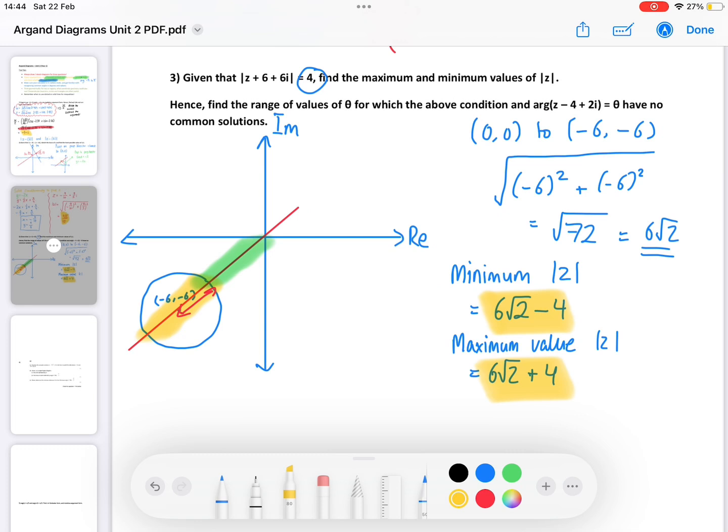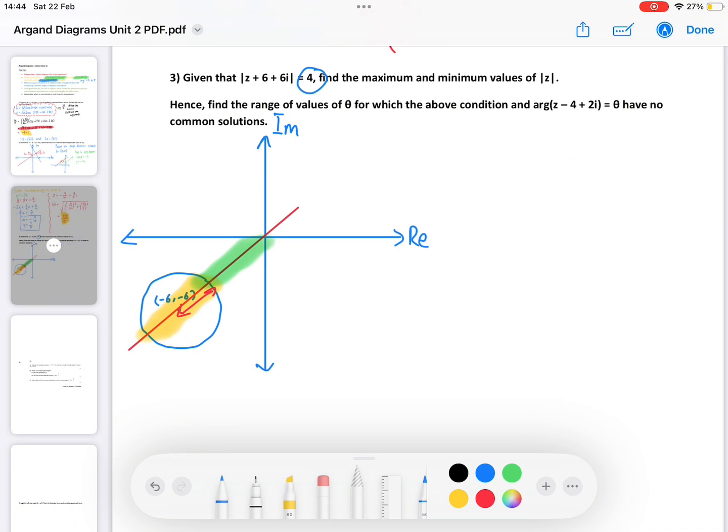And since we're not going to need this, I'll just make a bit more space by erasing it. And for the next part of the diagram, we will add on a point at, so for 4 minus 2i, we're interested in 4, minus 2, which is somewhere about there.